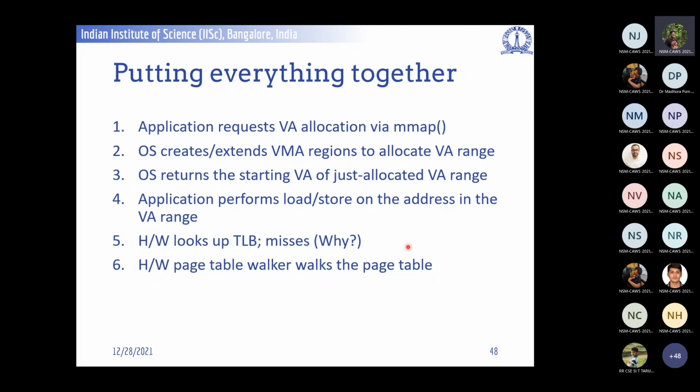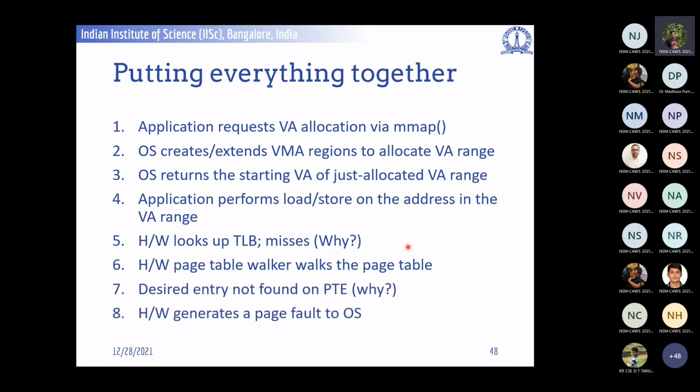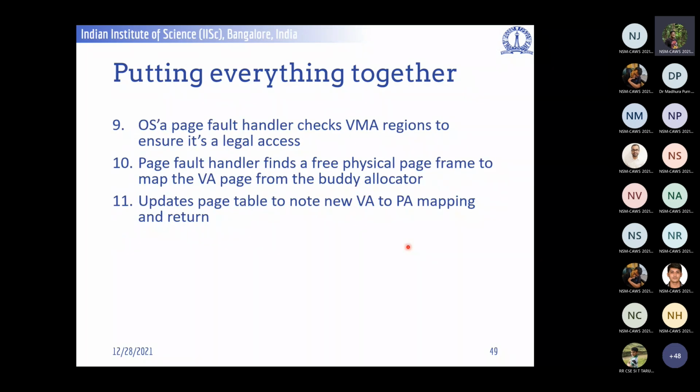Initially it will be a TLB miss, there will be a page table walk, and a page fault will be generated to the operating system the first time it accesses a given virtual address. At that point, the page fault handler will first see if it is a legal virtual address.